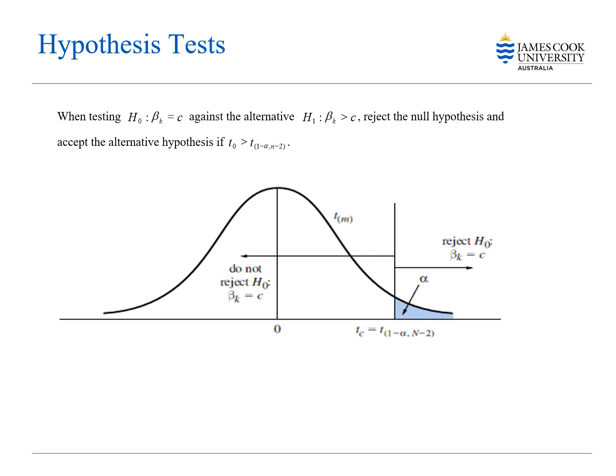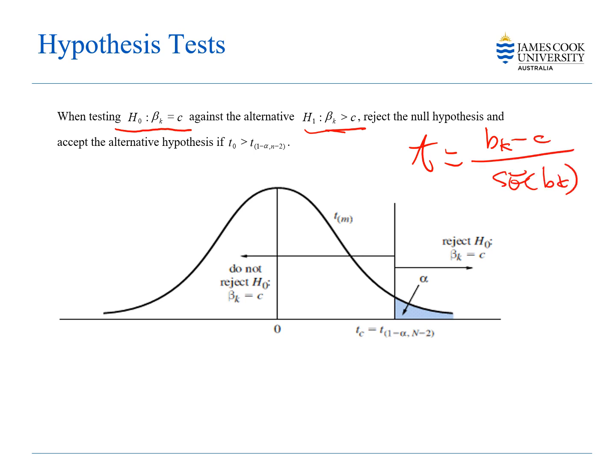Okay. So our null hypothesis is this: H0 is beta k equals C, and our theory tells us that beta k should be bigger than C. So H0 is beta k equals C, H1 is beta k bigger than C. And we calculate this t statistic: bk minus C divided by the standard error of bk.